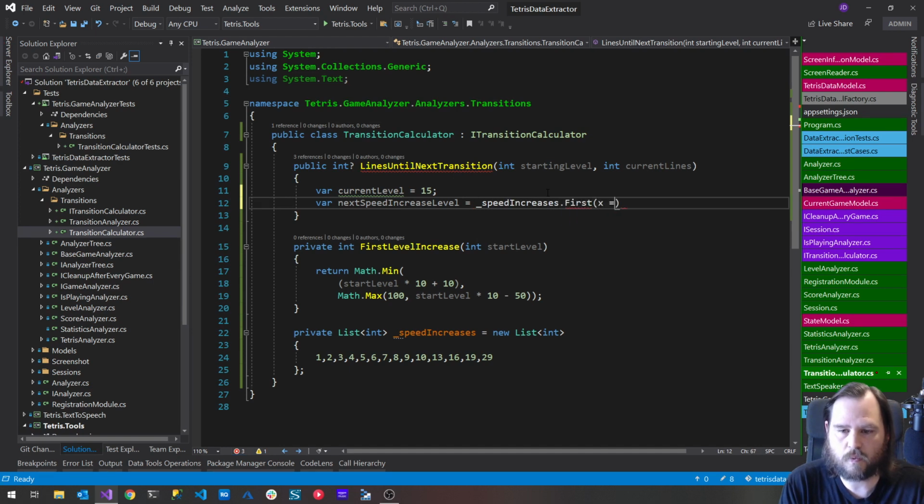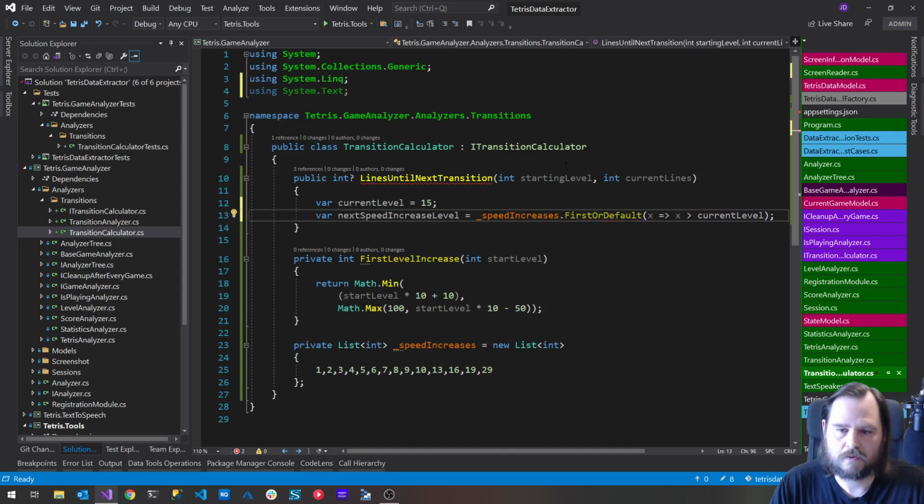It's the first one that is bigger than our current level. And we should say or default here if we're really good and we're at 29. So that's the first one where we're going to get that speed increase.